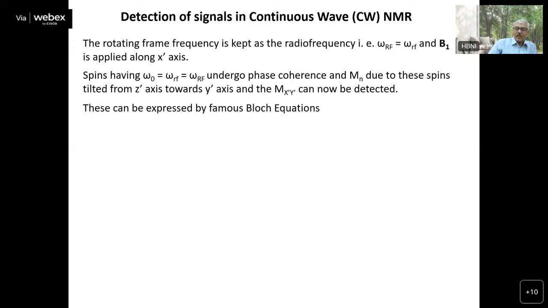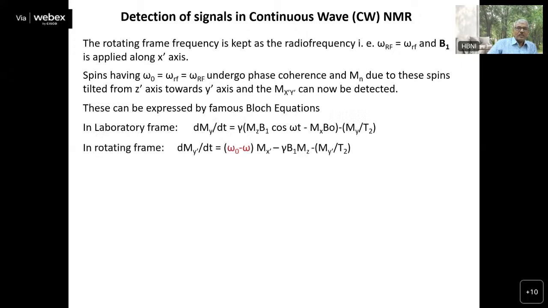Now, we are detecting the signal in the XY plane, which means you will see a magnetic component changing with time along the Y axis, or Y prime axis.